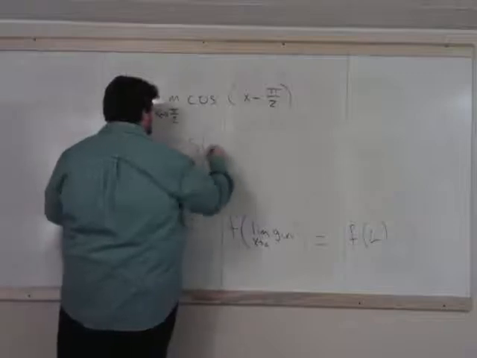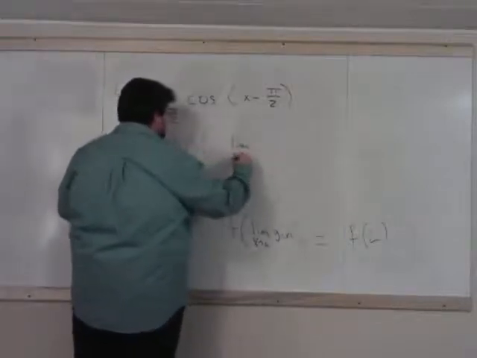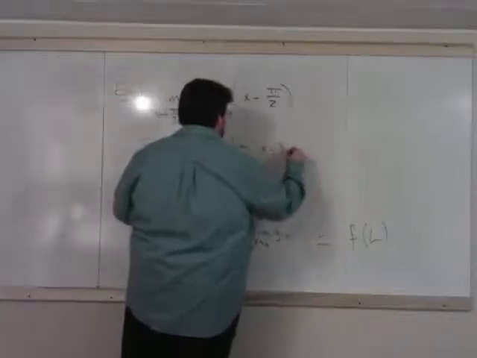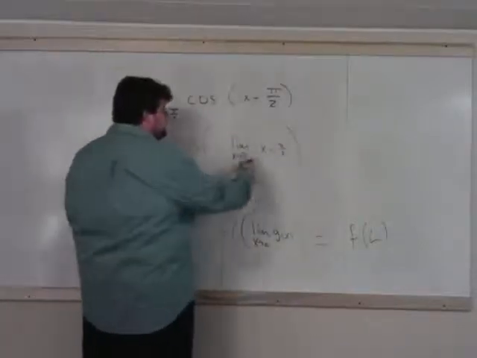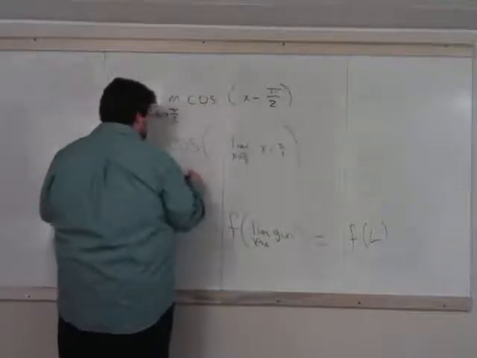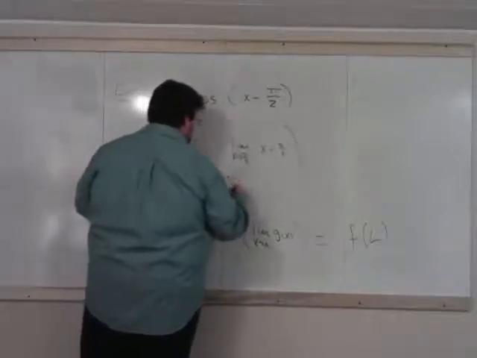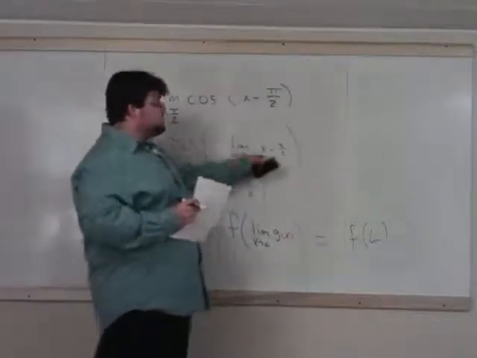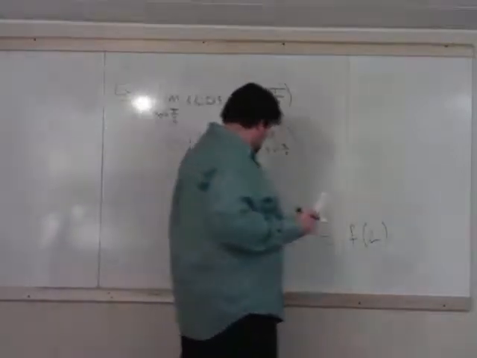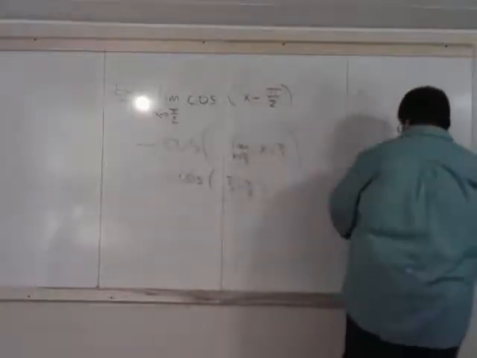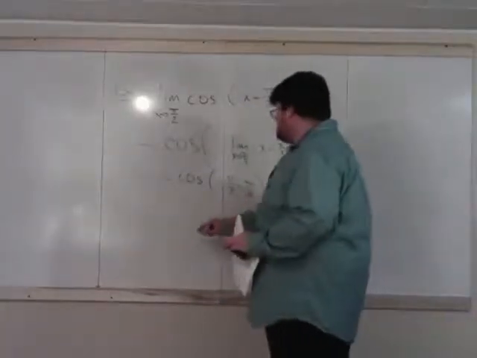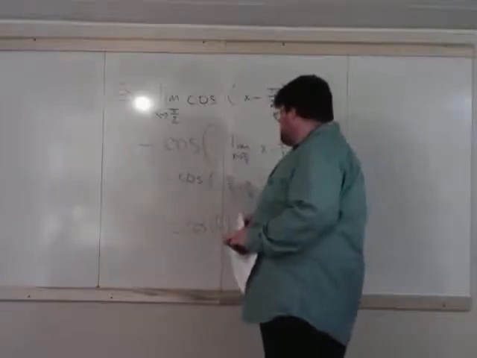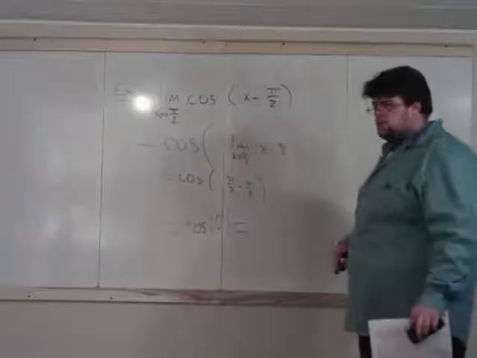So this equals cosine of the limit as x approaches pi over 2 of x minus pi over 2. Well, this we can use the algebraic limit laws on. So this is cosine of pi over 2 minus pi over 2. And this equals, of course, cosine of 0. How do you do cosine of 0?